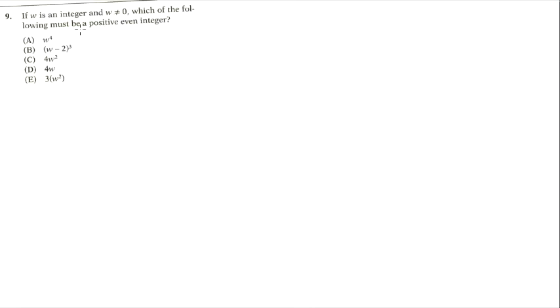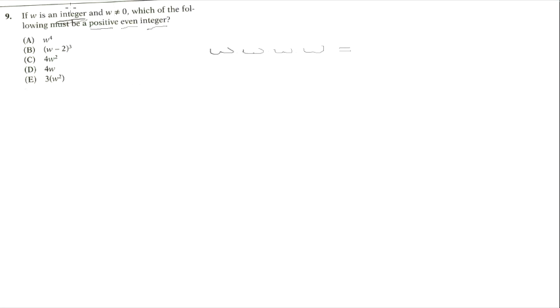If w is an integer, which of the following must be a positive even integer? For w to the fourth to be positive, you need at least one, so w to the fourth. To get an even number, you need to have at least one of these to be even, in order to make this whole thing here even.